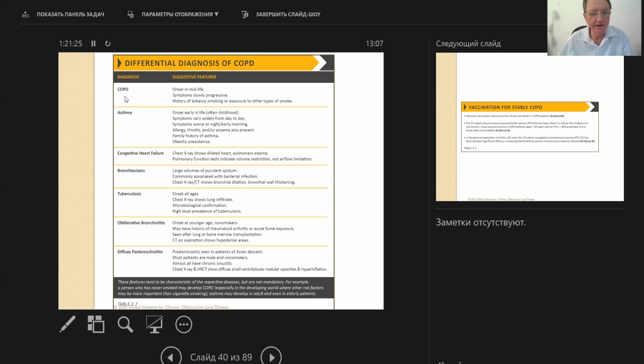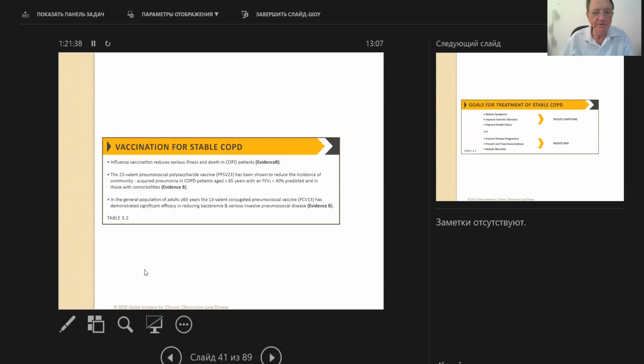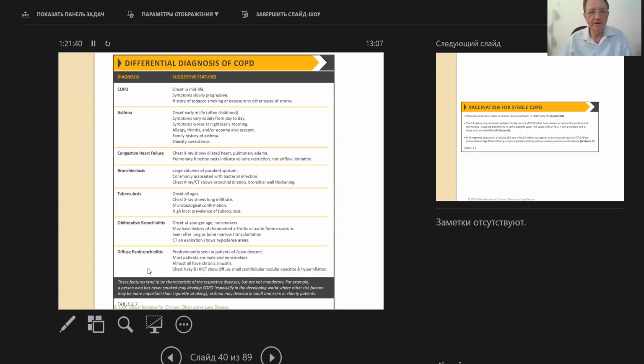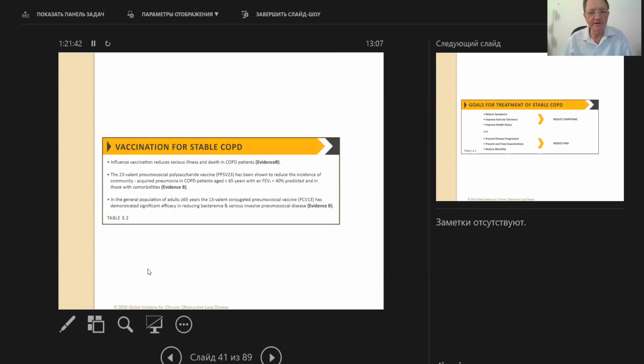Diagnosis: we should rule out asthma, congenital heart disease, bronchiectasis, tuberculosis, bronchiolitis, and other diseases. But how can we influence exacerbation? Firstly, it's vaccination, because respiratory viruses and pneumonia, and now coronavirus disease, can lead to exacerbation.